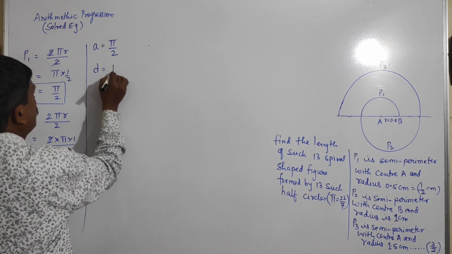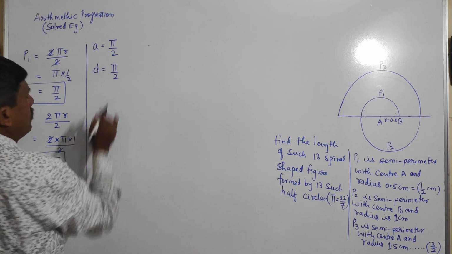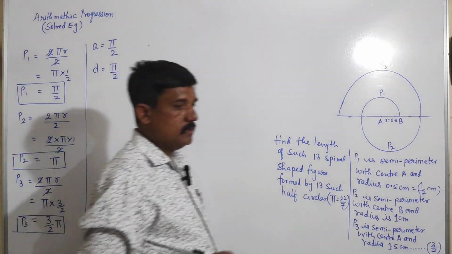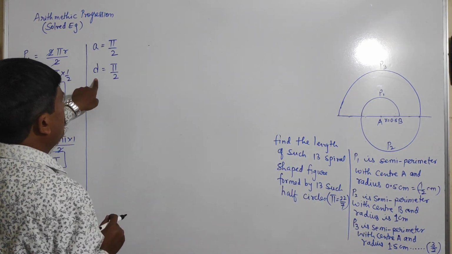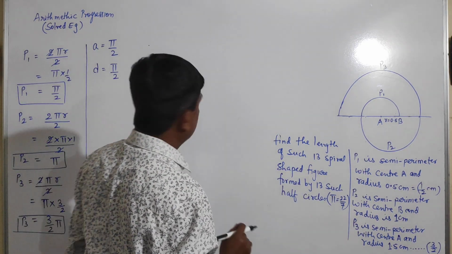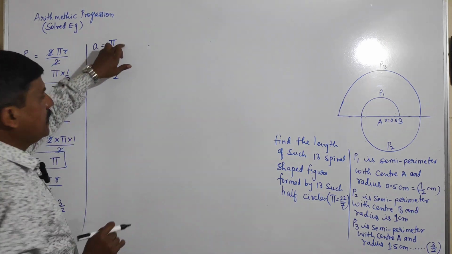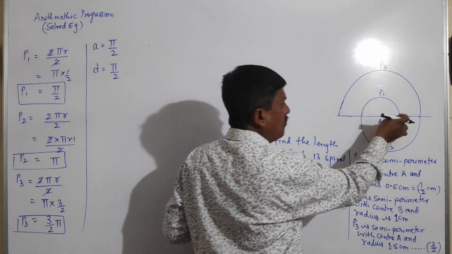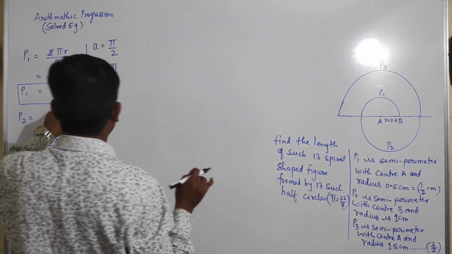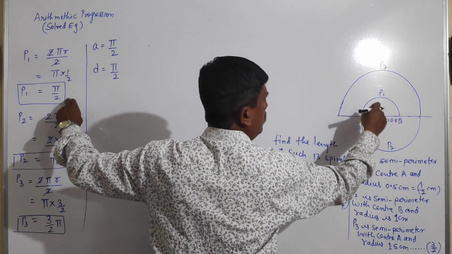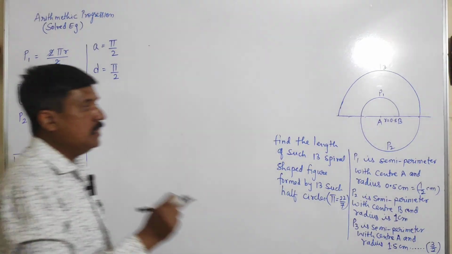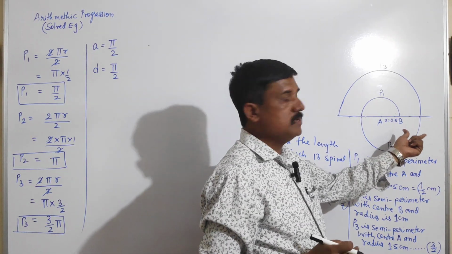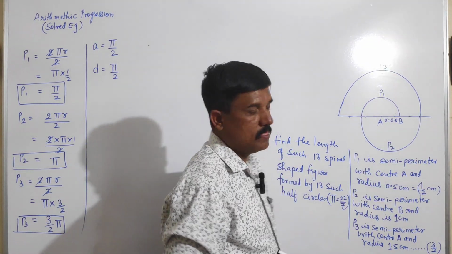D is equal to again pi by 2. D means common difference. The value of A is pi by 2, here it is pi by 2, and the difference between these is pi by 2. Each radius is increasing by pi by 2.